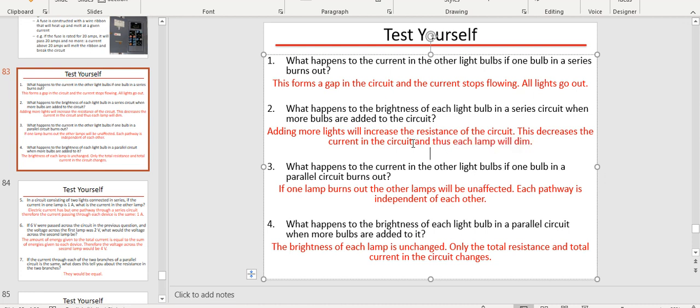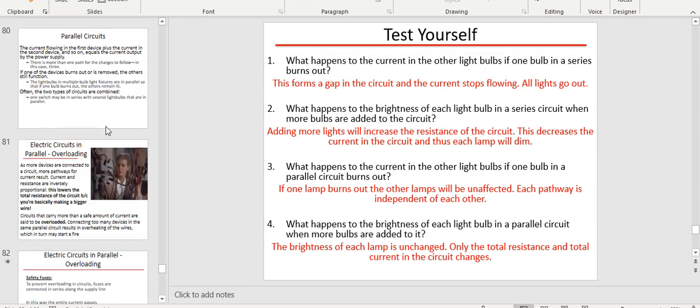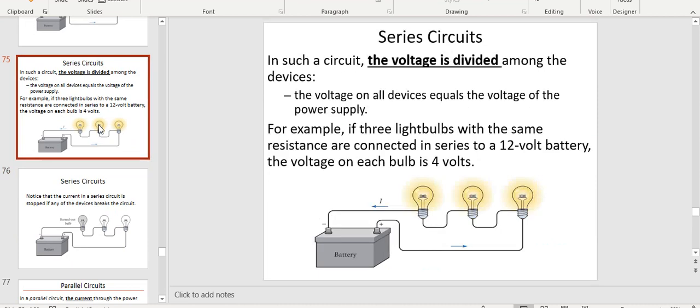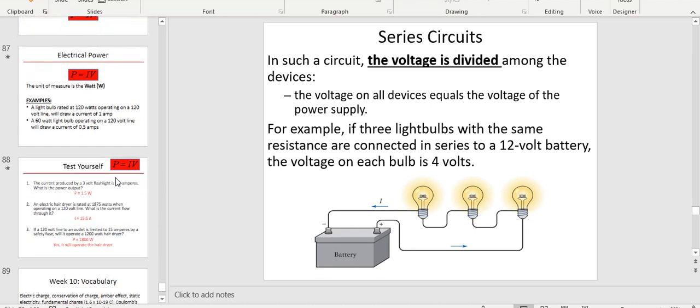So each light bulb adds resistance, and if they're in series, the current is coming through right here, and it hits here, and it slows down, and then it slows down even more, and then it slows down. You see what's going on here? And so that's that.